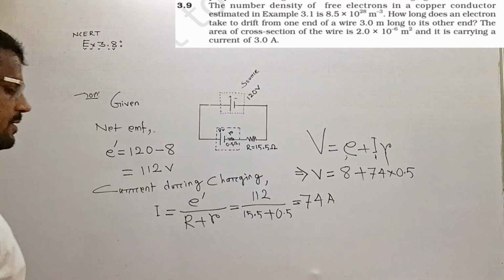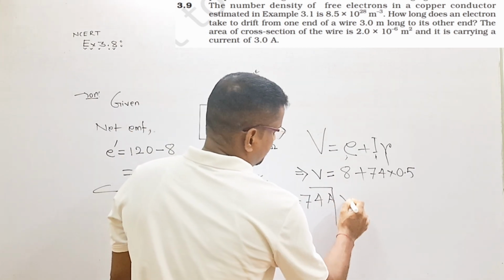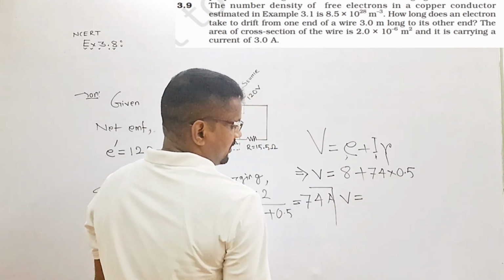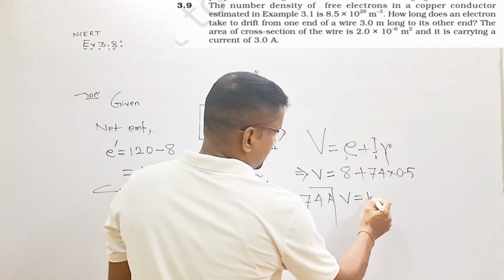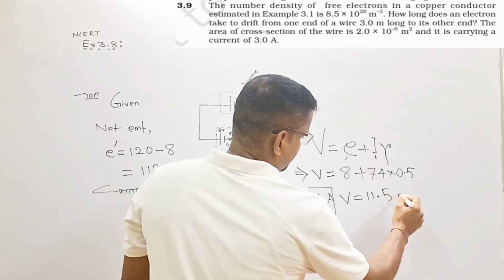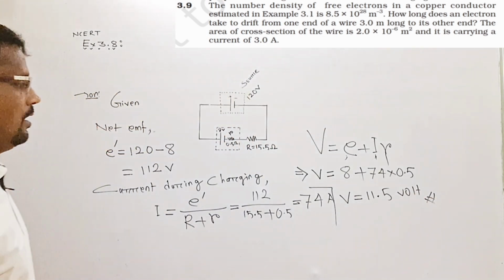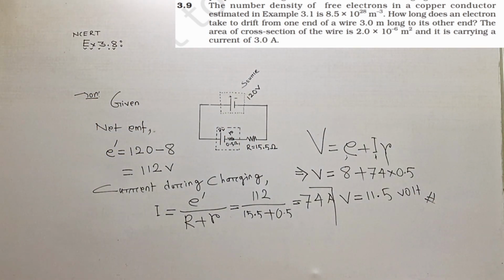So if you simplify this, the value of V will be 11.5 volt. So this is the answer of the first part, where it is asked what is the terminal voltage of the battery during charging. The terminal voltage of the battery during charging is 11.5 volt.